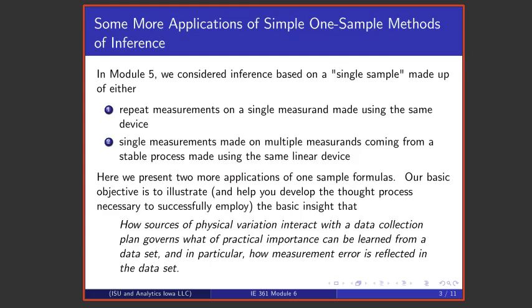In this module, we're going to present 2 more applications of those one-sample formulas, with the basic objective here to illustrate the basic insight that how physical variation, sources of physical variation, interact with data collection governs what can be learned from a data set, and in particular how measurement error is reflected in that data set.